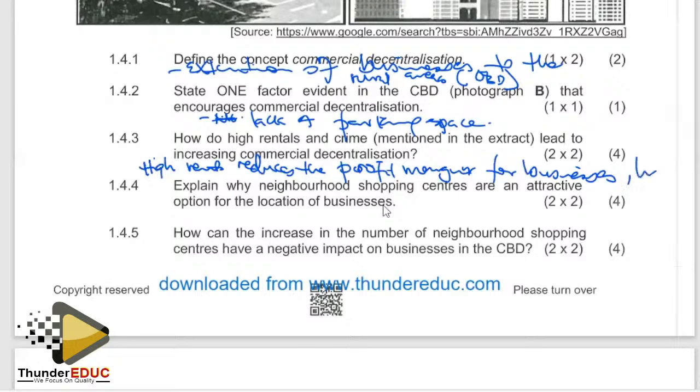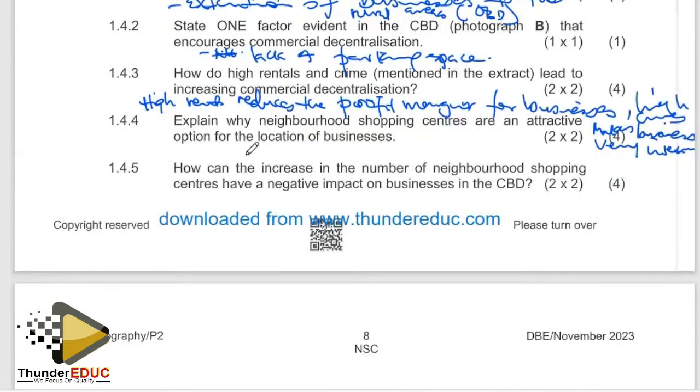And we also say high crime also makes businesses very insecure. So in other words, the businesses, the property, the monies, and all that will not be safe for the business owners. So they prefer to go to areas that look safe for them to have their businesses running smoothly.